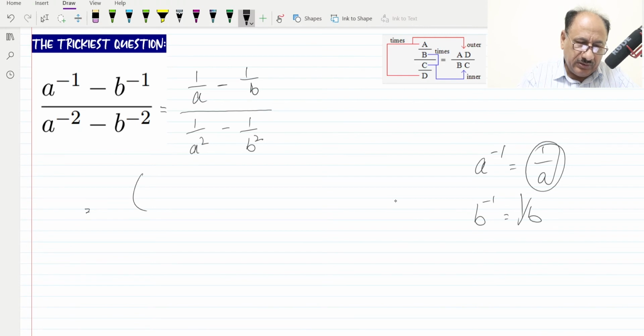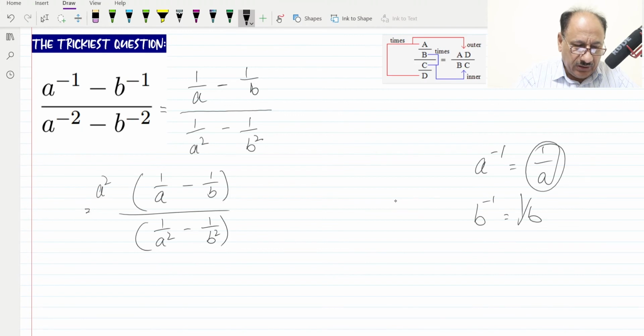So we can write in brackets 1 over a minus 1 over b, over 1 over a squared minus 1 over b squared, and we will multiply the numerator by a square into b square and the denominator also by a square b square. And after this we can cancel and multiply.